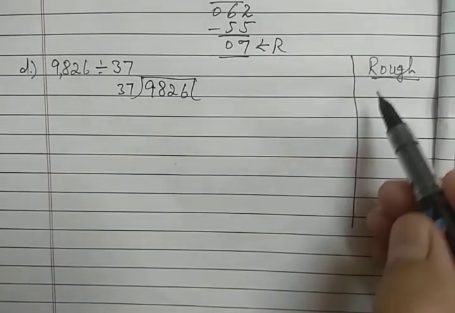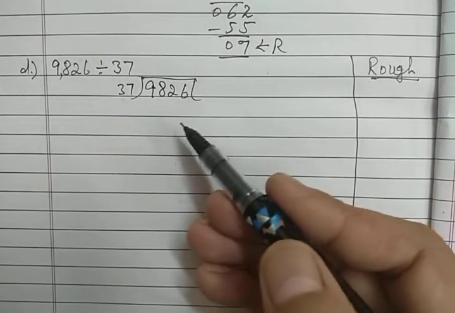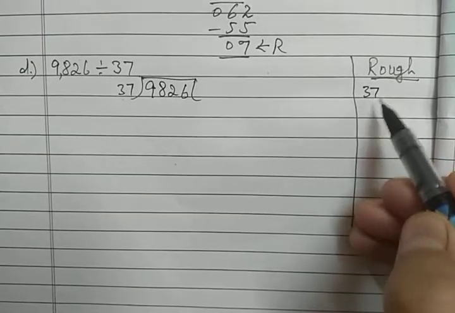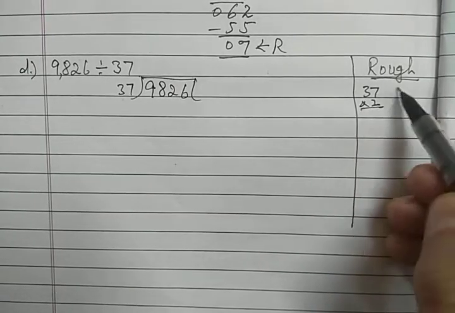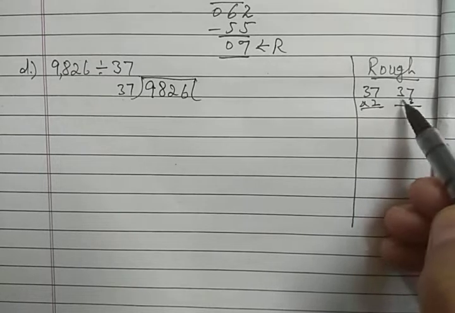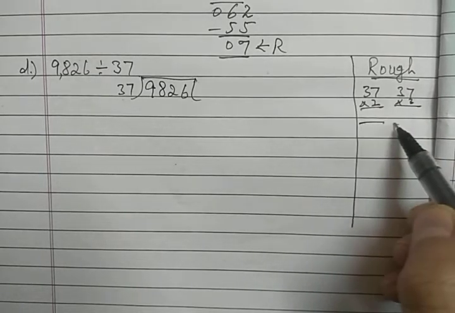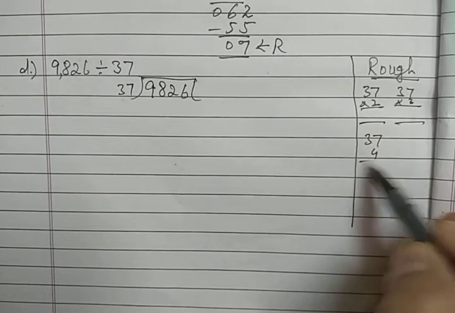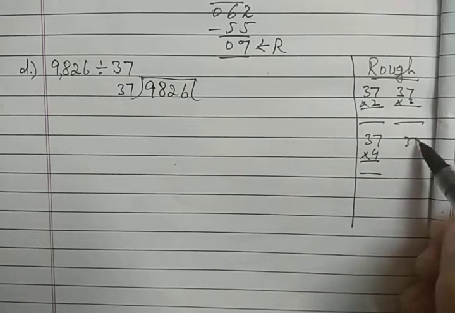Now 37 ones are 37, you all know, so we will start with 37 twos are, then 37 threes are, 37 fours are, 37 fives are.